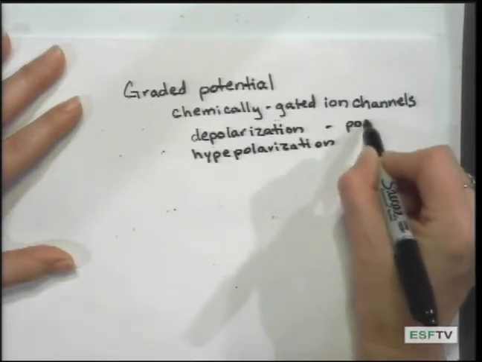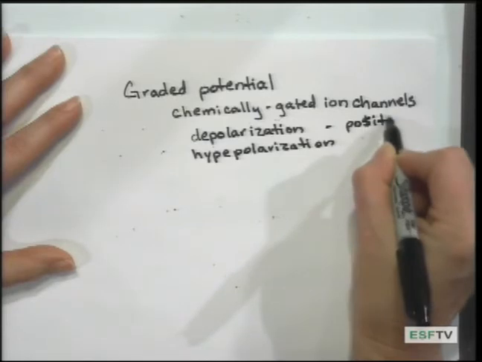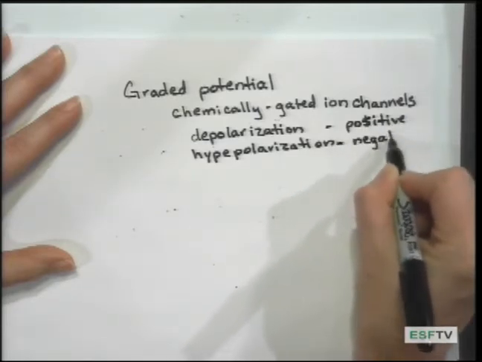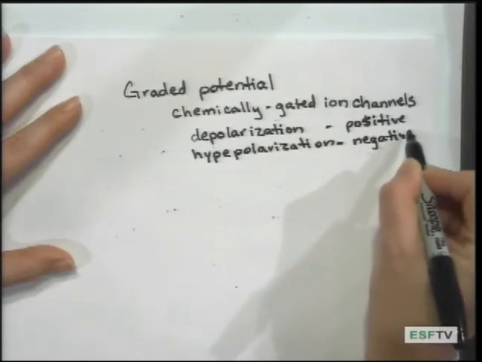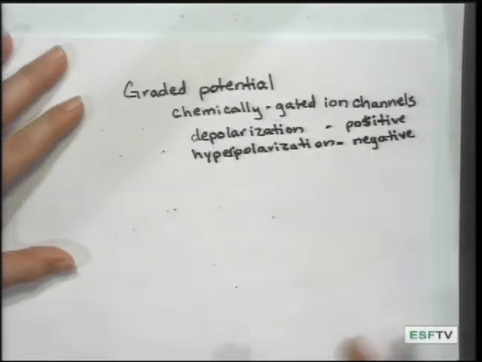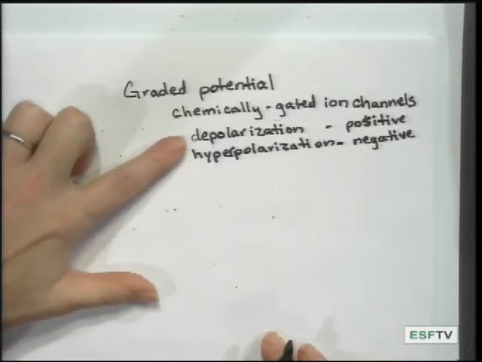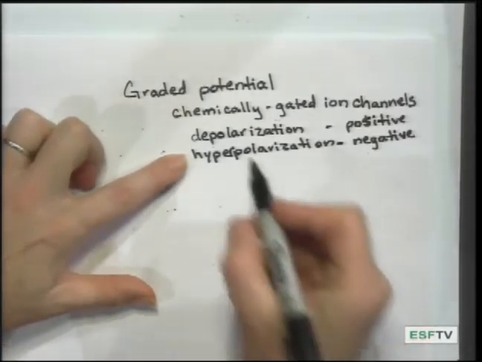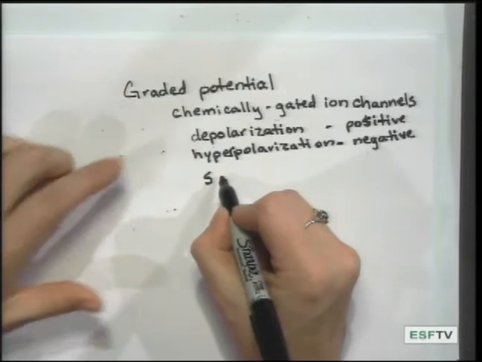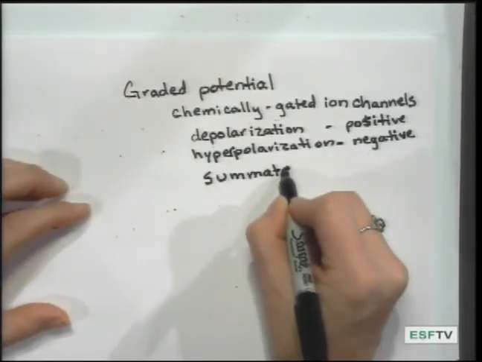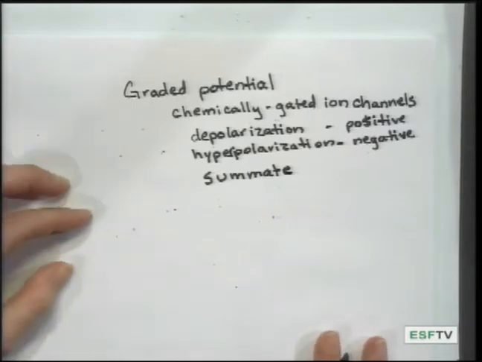This is when the membrane becomes more positive, and this more negative. Okay, these can also summate and make the polarization events more extreme, or they can negate each other.